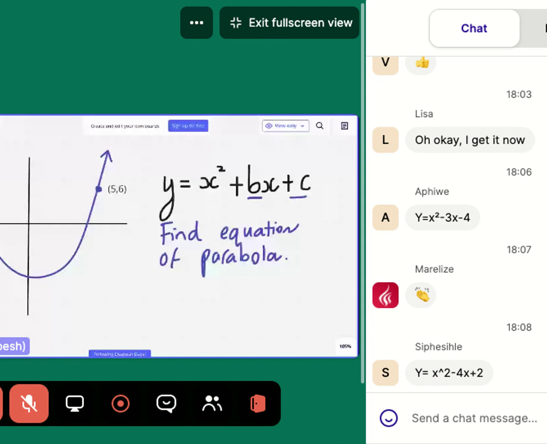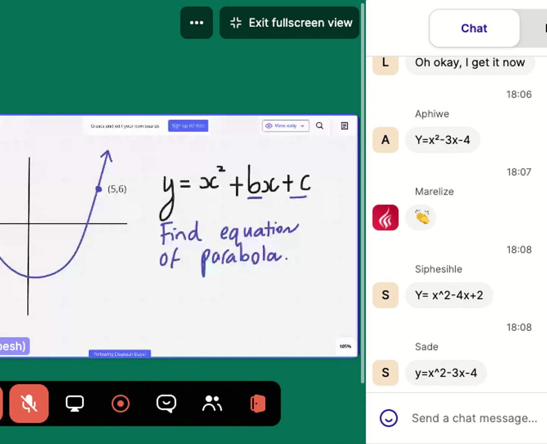We've got 2 different answers here, so I'm wondering what the others have. I think it's Sade or Sadie. Sade, thanks for that. You're welcome to unmute yourself and correct my pronunciation.